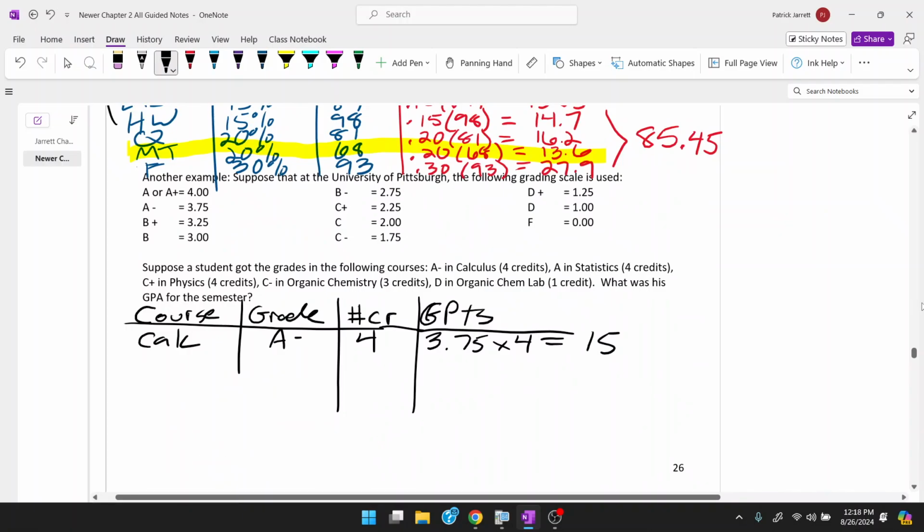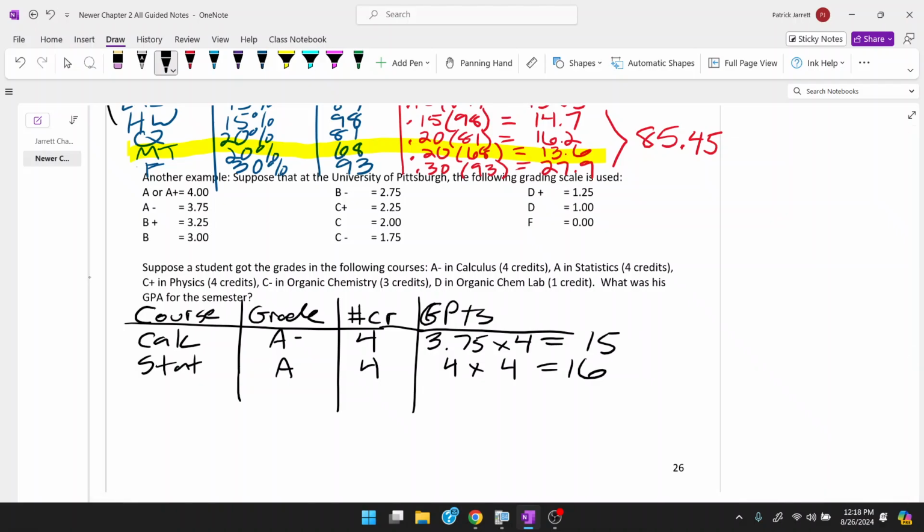So calculus, that was an A minus. In statistics, of course, that's an A. 4 credits. 4 times 4, 16 points. Now, of course, if I could only count those 2 grades in my grade average, I would be on easy street, but it didn't work that way. Physics, I got a C plus.